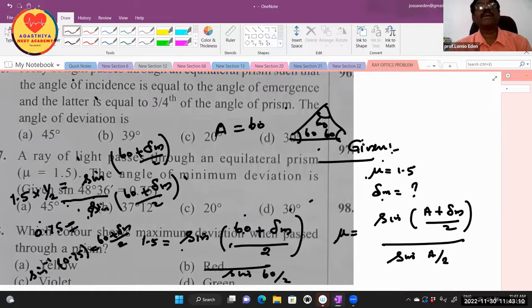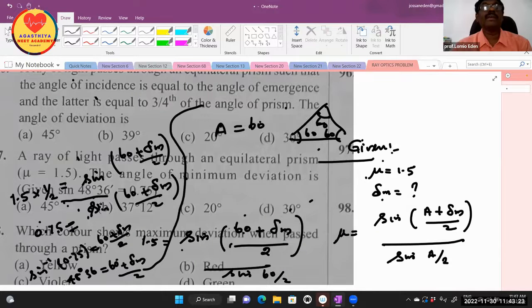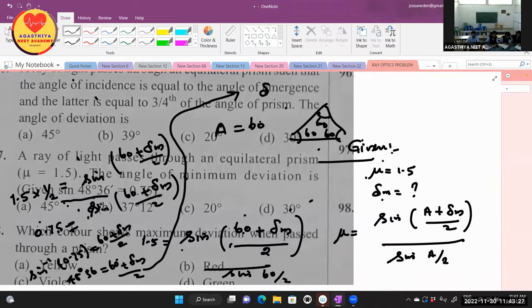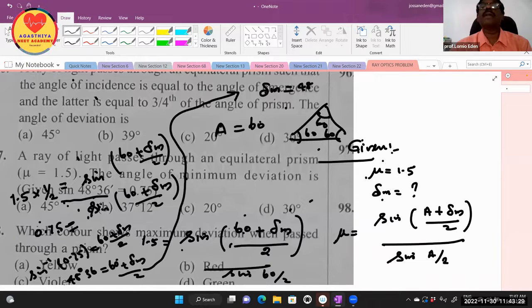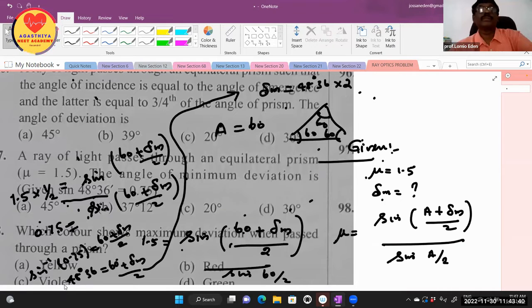Therefore, sine inverse of 0.75 will be equal to 48 degree 36 minutes. Understand, students? Therefore, finally it becomes what? Delta m is equal to 48 degree 36 minutes into 2.